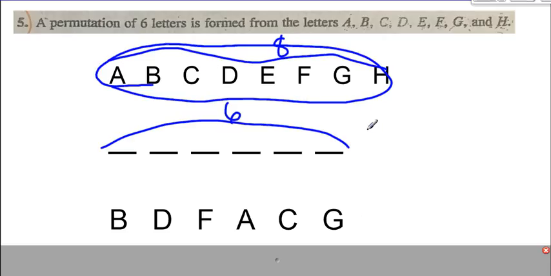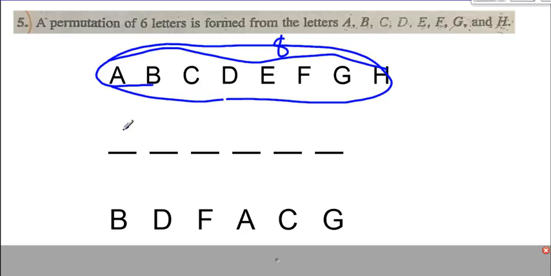So before we look at part A, let's just consider how many permutations there would actually be if we ignore any restrictions or rules that are coming up. If I have 8 to begin with and I want to fill 6 positions, using the fundamental counting principle, first of all, to fill this position, I have 8 choices. So I could choose any of these 8 things.